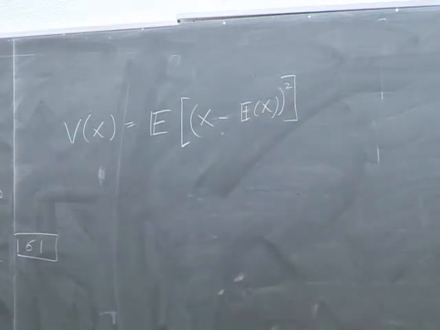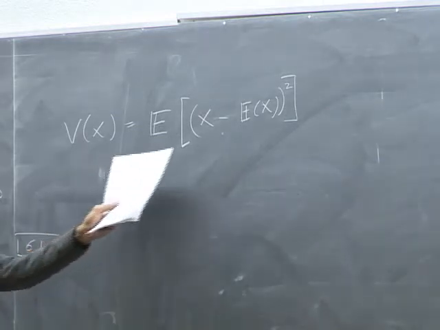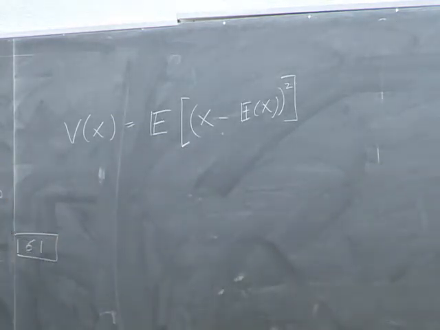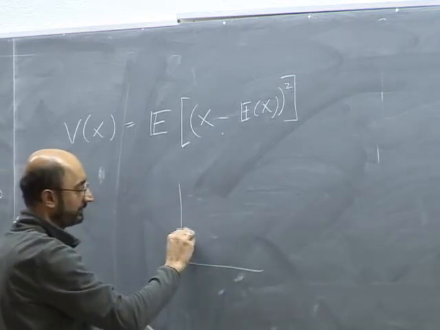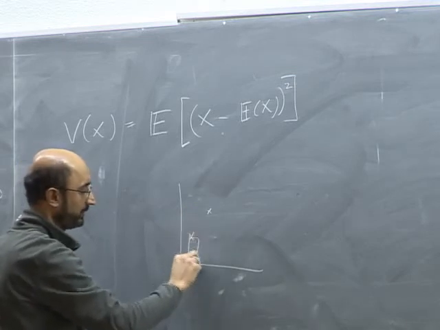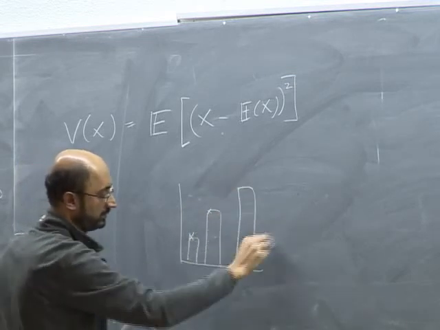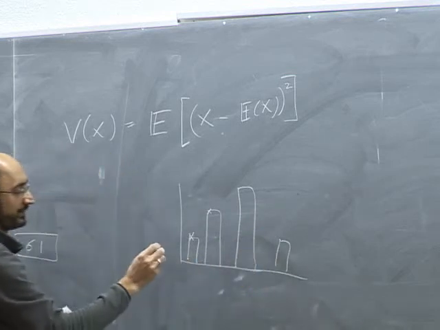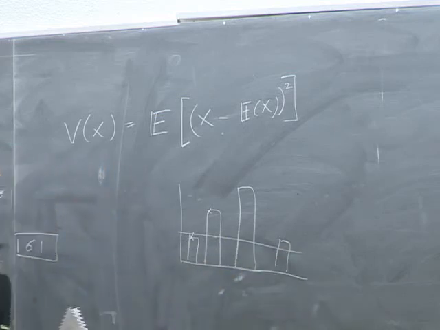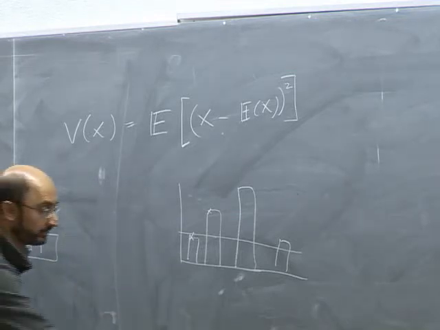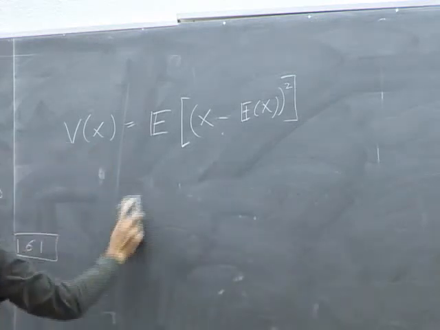So it's an expectation on the difference between the actual value and its expected value. Let's just do a discrete probability mass function. So we have some probability mass function like this, and let's say we computed the expected value to be something like this. The difference between the values that you have and the expected value gives the variance of this.